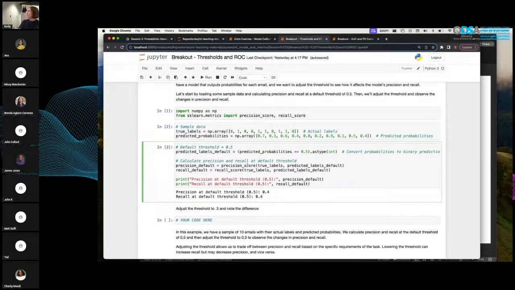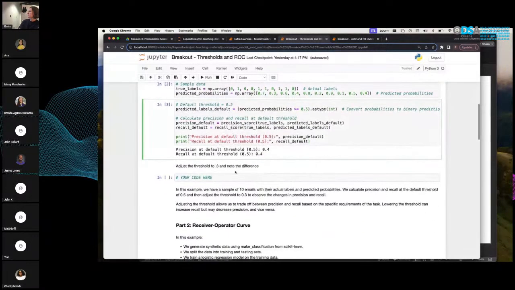Then we're going to run precision score, which we're importing from sklearn up here. We're going to pass our true labels and our predicted labels that we created off of these probabilities. And then we're going to call recall score, which again is an sklearn metric, or you can implement these yourself if you're really feeling like doing that. But you can just call sklearn with the true labels and the predicted labels default, and then we're printing those out.